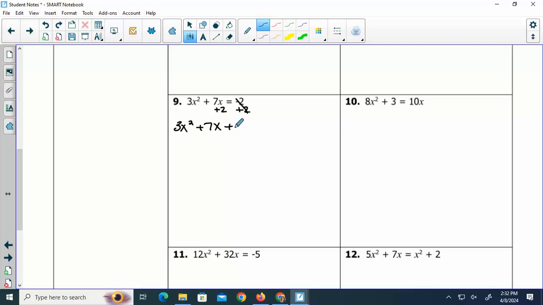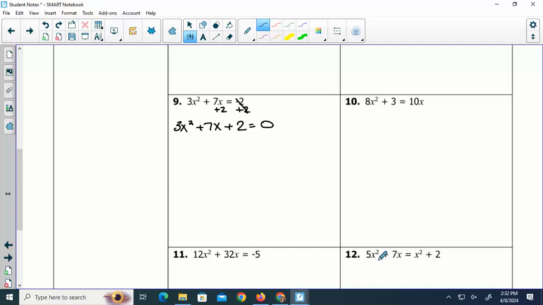It's not like terms with anything that I have, so I just keep a plus 2 on the end. Then we are looking to see if we have any greatest common factors. So is there anything that can come out from all of these? No. If there's not, then what do we do?